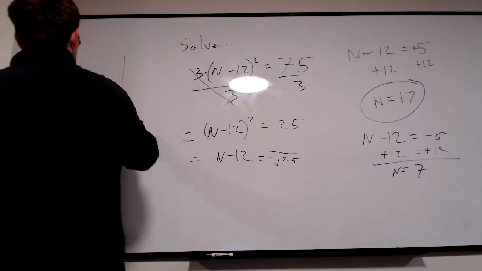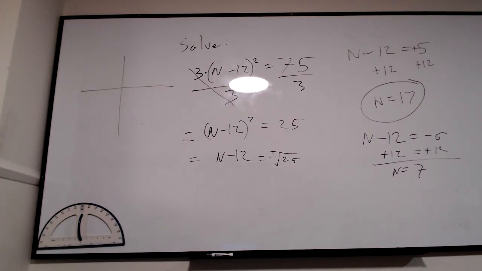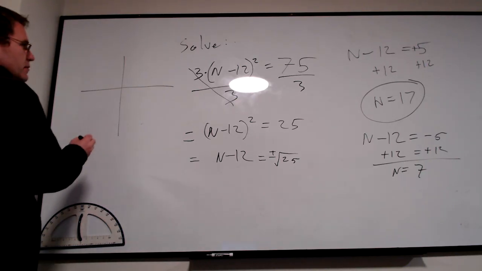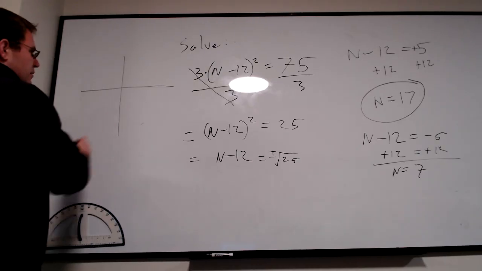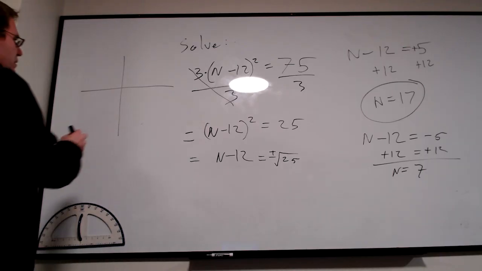So that negative 12 there is actually going to move the parabola, which is kind of beyond you right now. It's going to move it down 12 on the y-axis. Oh, actually, no, it's not. It's going to move it to the right 12 on the axis. Okay. So it would go over 12.